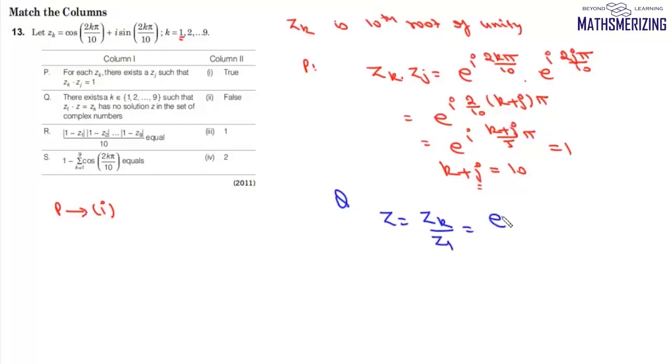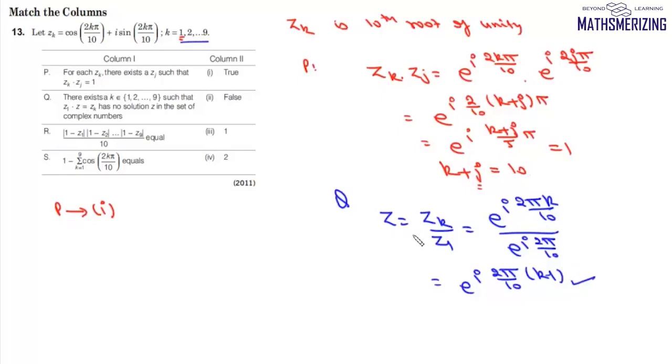Now zk is e to the power iota 2 pi k by 10 upon e to the power iota 2 pi by 10, which is e to the power iota 2 pi by 10 into k minus 1. So if we choose any value of k from 1 to 9, we'll always end up getting this complex number z. That means this condition that it has no solution is false. So this Q matches with second.